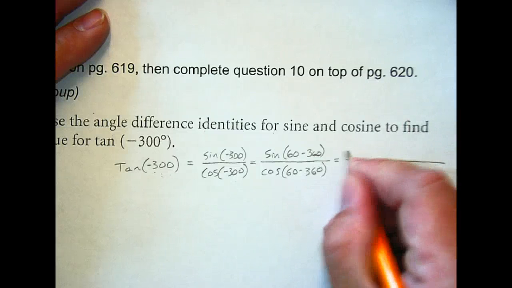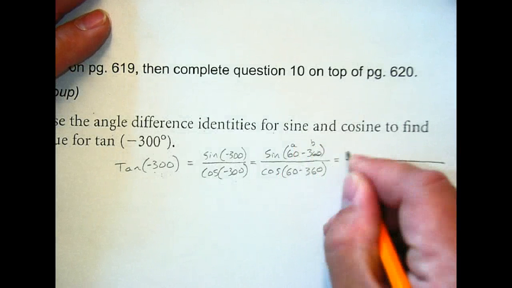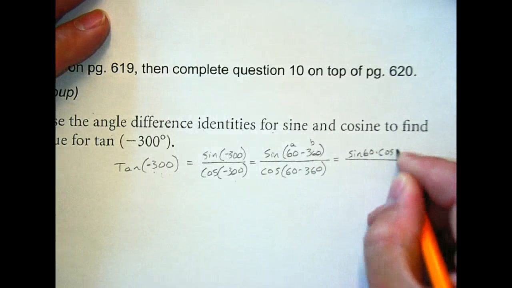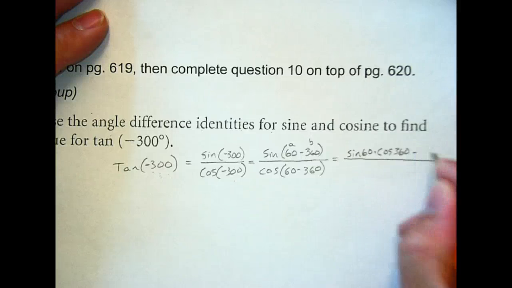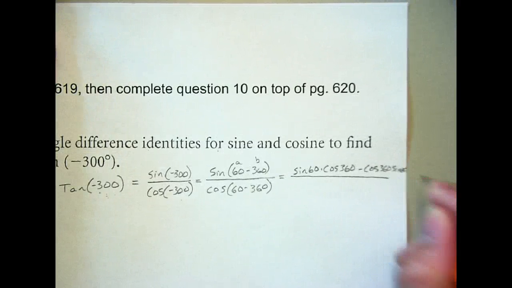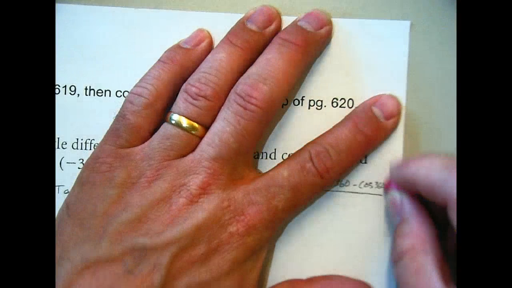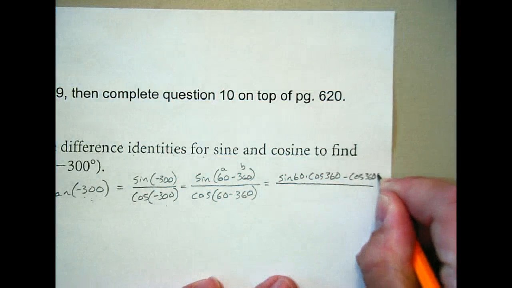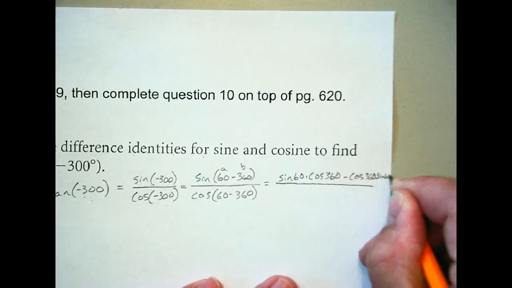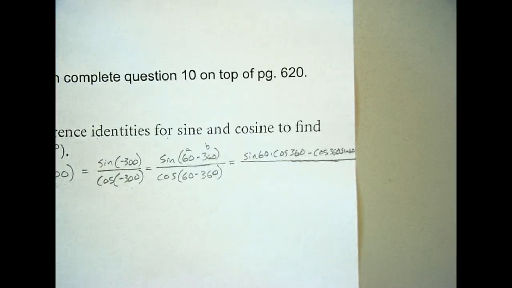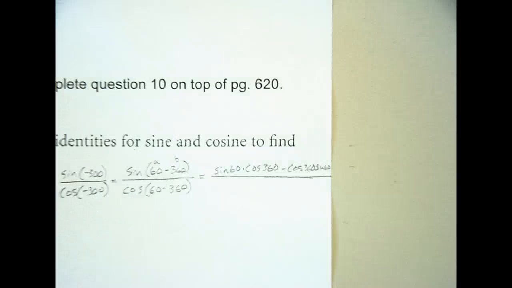So if I'm calling this A and B again, that's sine 60 times cos 360 minus cos 360 sine 60. Let me zoom into that for us.